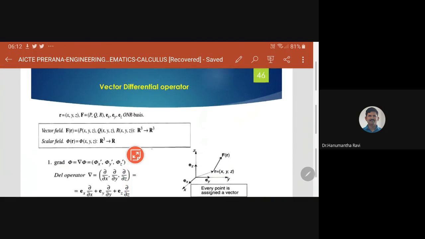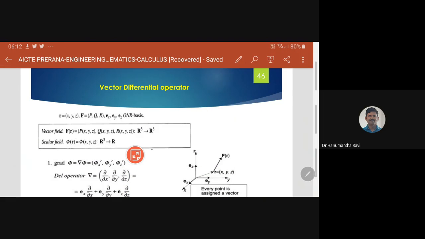When we talk about the differential operator, vector differential operator, we are talking about a vector. We are dealing with a vector field f bar, and r bar is considered to be the position vector, something like f of r bar.